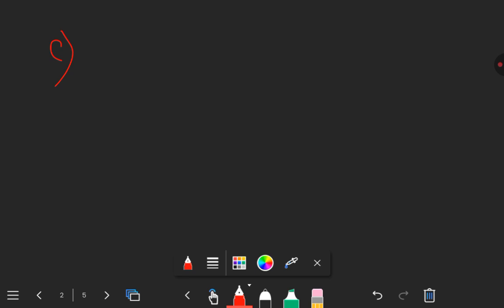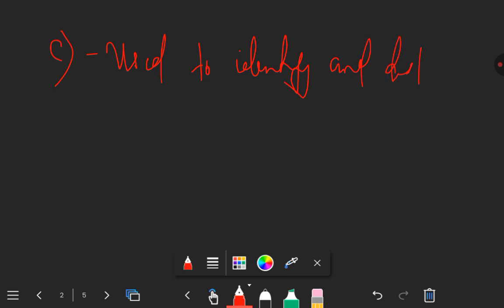One of the importances is that it is used to identify and distinguish optically active compounds.